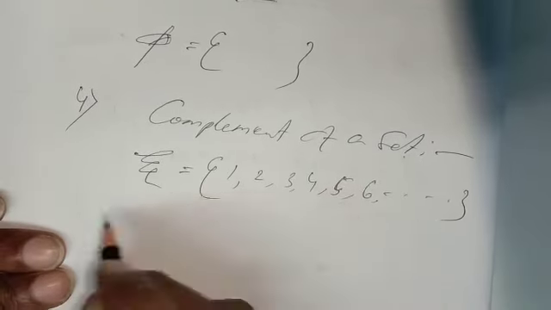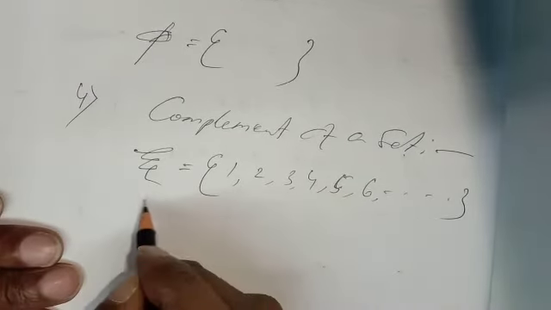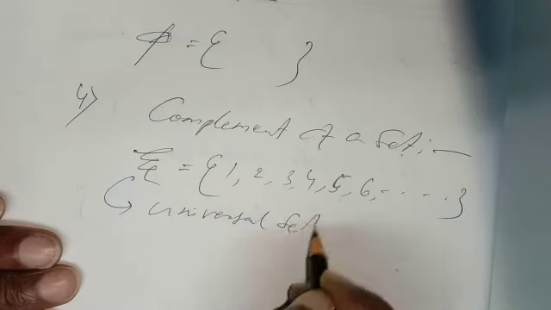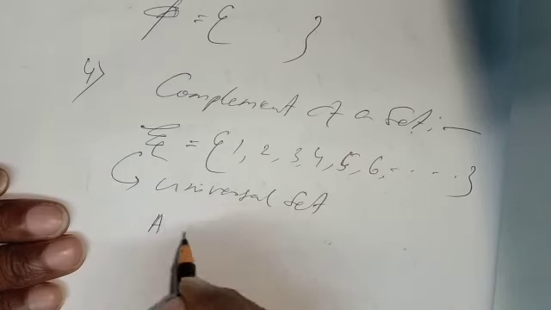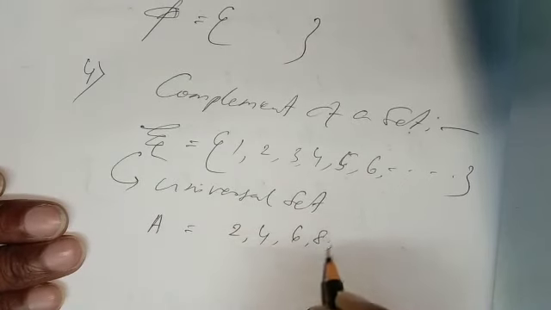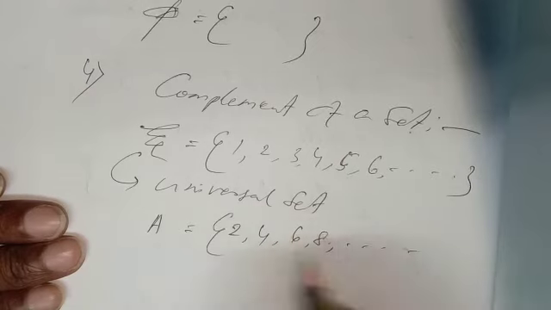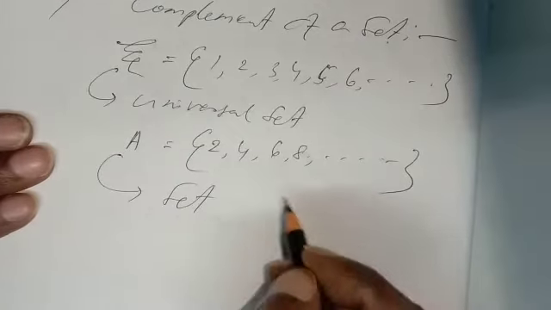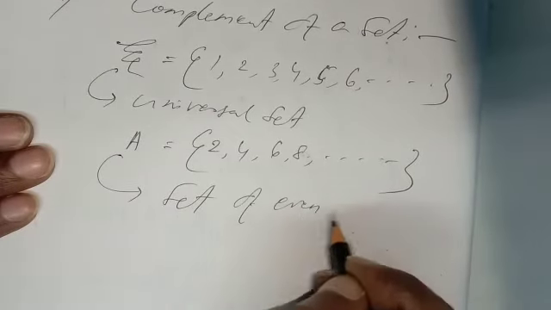All natural numbers. This is called universal set. And A is a set having all even numbers, like 2, 4, 6, 8, that are all even numbers. Set of even numbers.